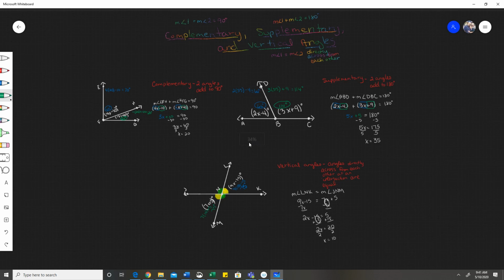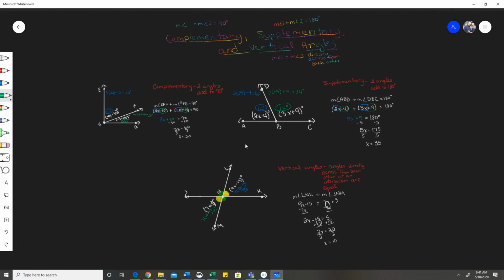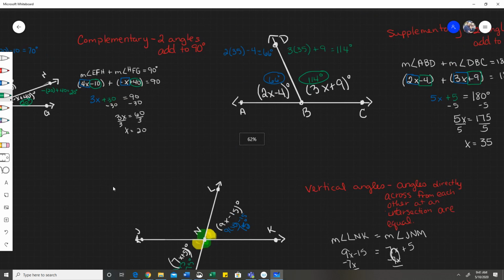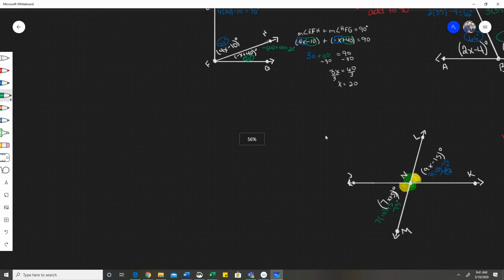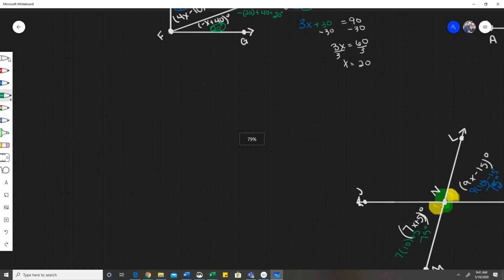If you have a hard time remembering complementary versus supplementary, here's a cute little visual that I have shared with students in the past. You think of 90 degrees. Here is your complementary angle right here. Think of the C as making up part of the 9.